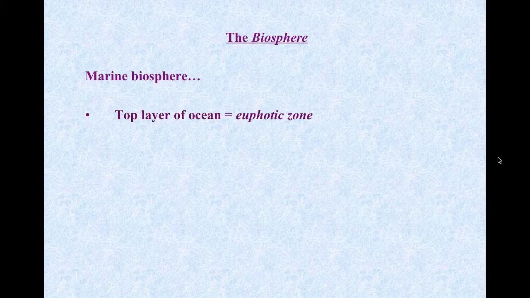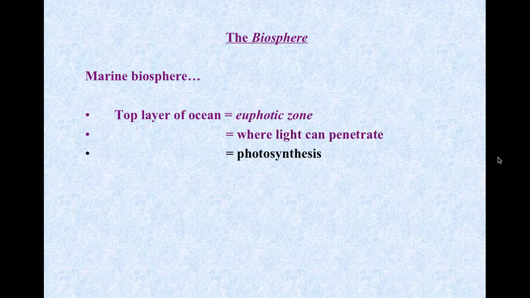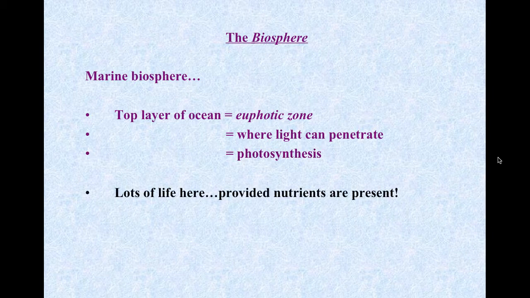Okay, that's the depth of the ocean to which light can penetrate, and therefore in which photosynthesis can proceed to keep plant life going. There's a ton of life in the upper part of the ocean, not just fishies, but plant life as well. And all of that life can exist provided that there are nutrients present.